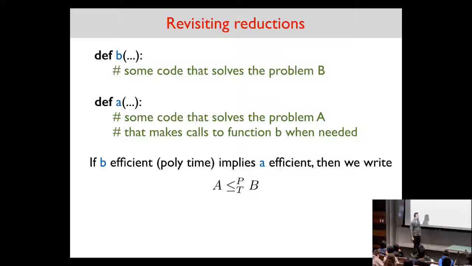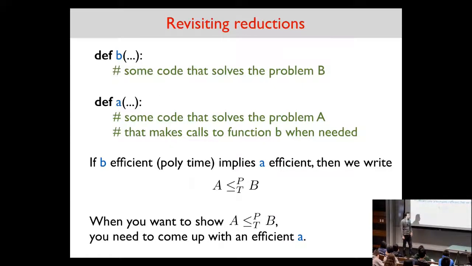Then, if B being efficient implies that A is efficient, that is, if my B function is efficient, then my A function is efficient, then we can write that A polynomial time reduces to B.